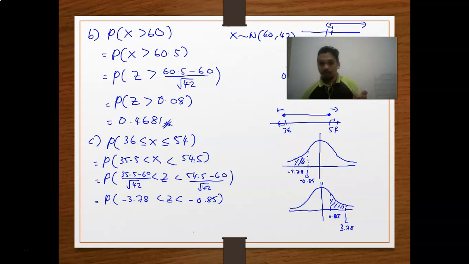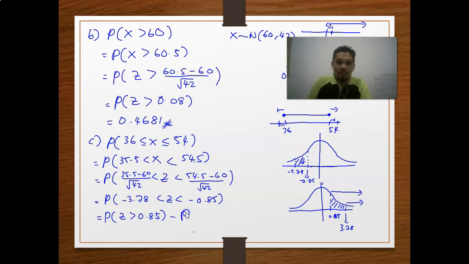So this is the probability of Z greater than 0.85 minus the probability of Z greater than 3.78.